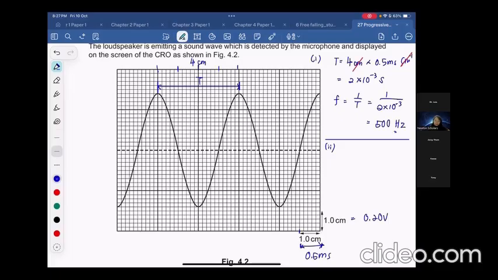Okay, so can you count the amplitude? This one is easier. Amplitude. Good job, Farwell. Prasan, correct. How about the others?